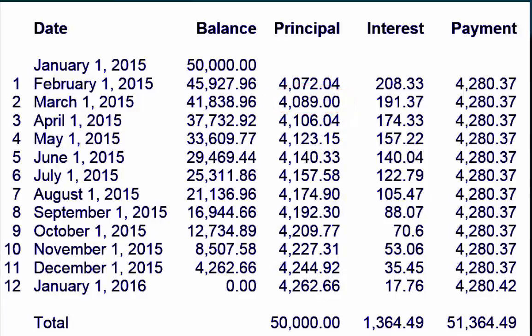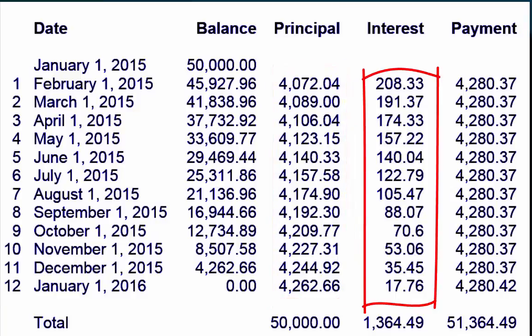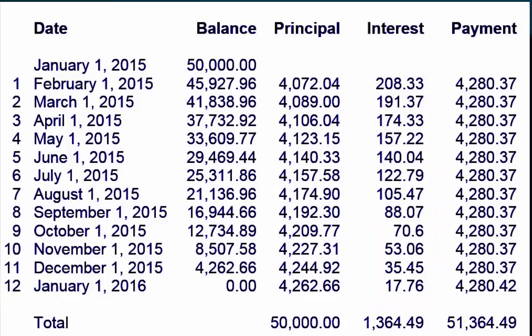This way we see that as we go from month to month, the principal component of the payment increases and the interest component decreases until we come to the last payment, which is January 1, 2016, and the balance is zero after the payment, but the interest is $17.76 and the principal portion is $4,262.66, which was the balance on December 1st, 2015.